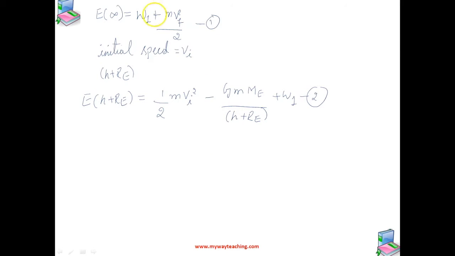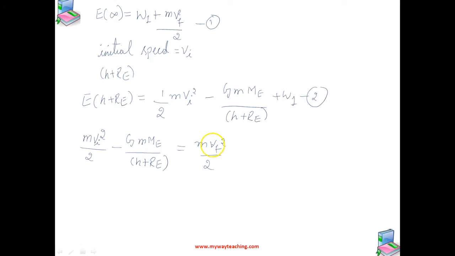So in both the cases, W1 cancels, and we get the equation: m vi square by 2 minus G m Me by h plus Re is equal to m vf square by 2, isn't it?